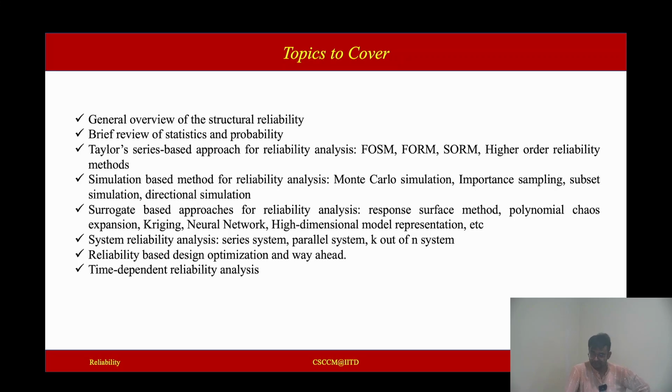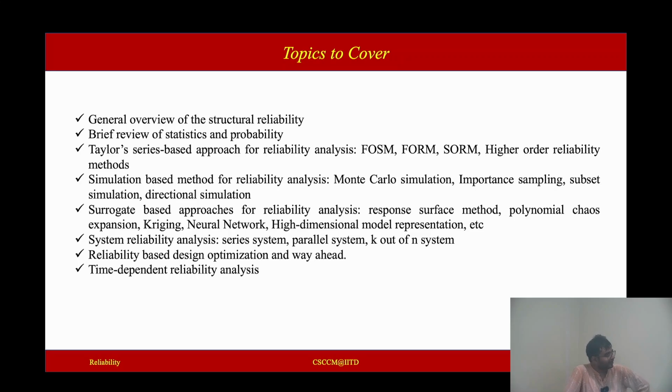And then third is surrogate based approaches, and that is where machine learning comes into the picture. Surrogate model means emulators, simplified model, replacement model, and those replacement models are generally based on machine learning.